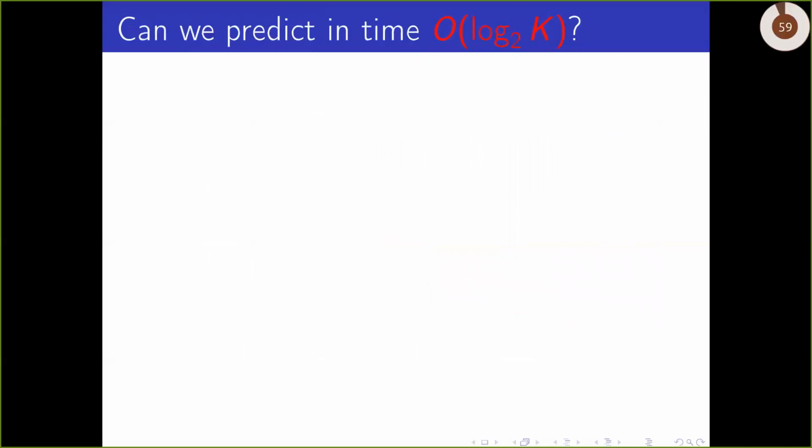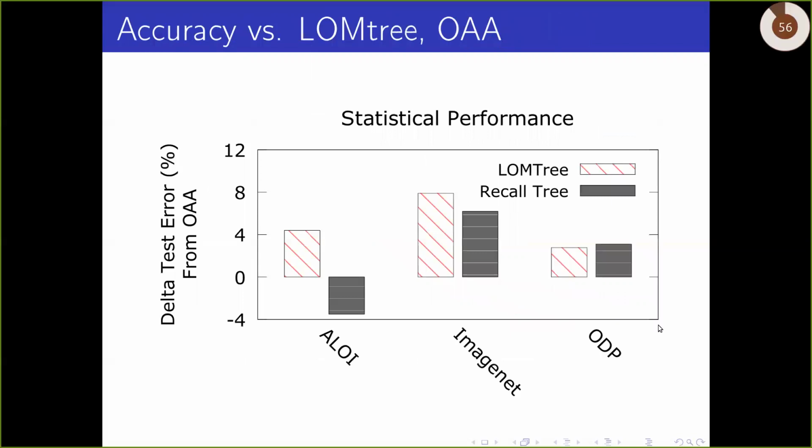Okay, so can we predict in time logarithmic in the number of classes? I don't think that's fully answered yet, because there's still some gap in performance. The 0 here is the performance of one against all.